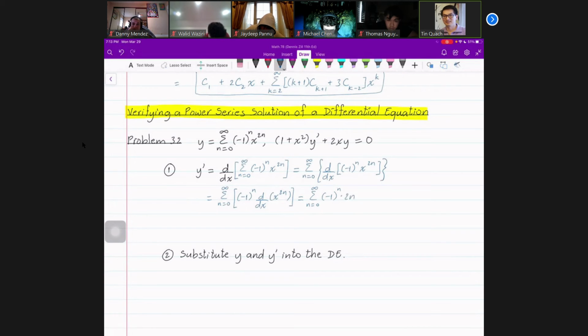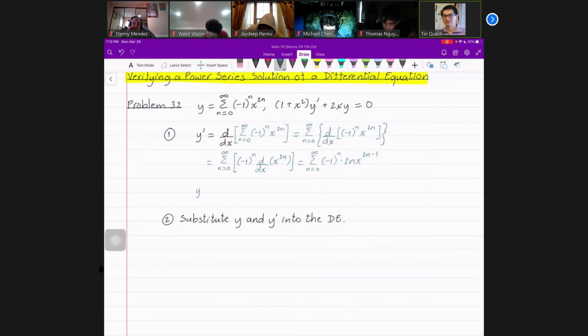The power times x to the power minus 1, and then multiply by the derivative of x. But the derivative of x with respect to x is 1. So that's it. So what is y prime? If you put everything together, y prime is -1 to the nth power times 2n x to the 2n minus 1. So that's what you have for the derivative.